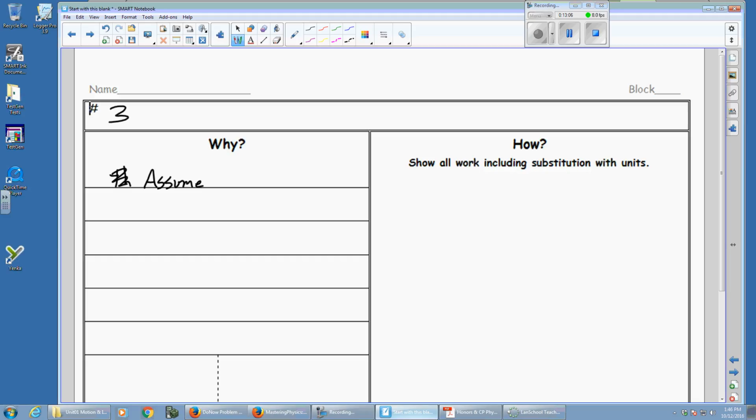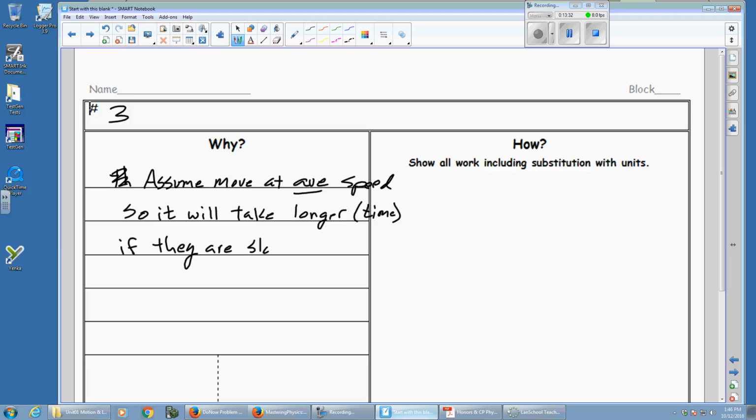So let's assume they move at average speed. So it will take longer time if they are slower and less time if faster.